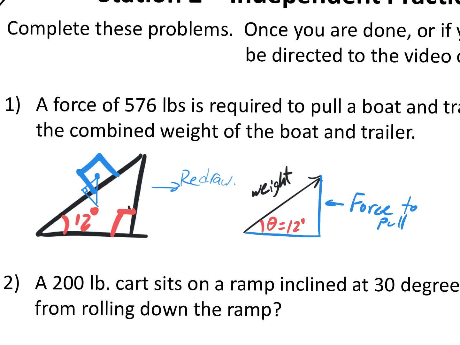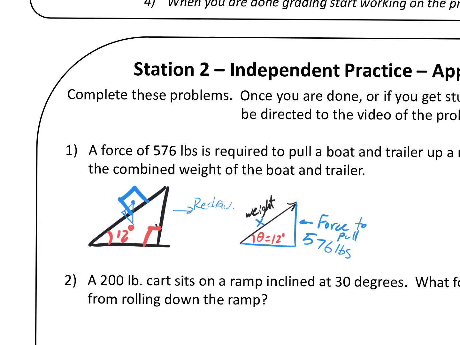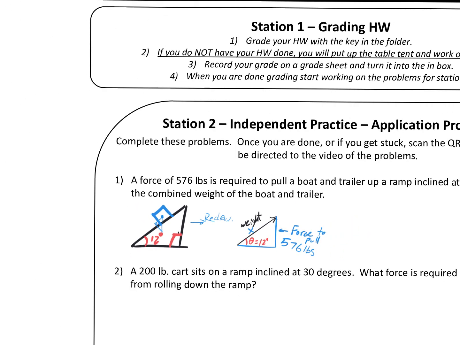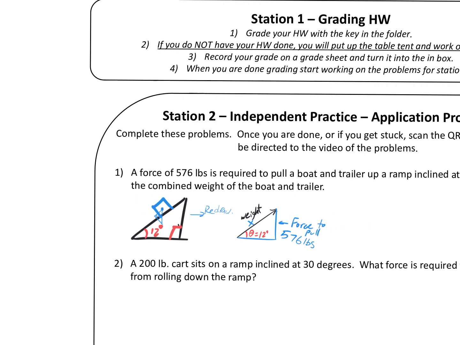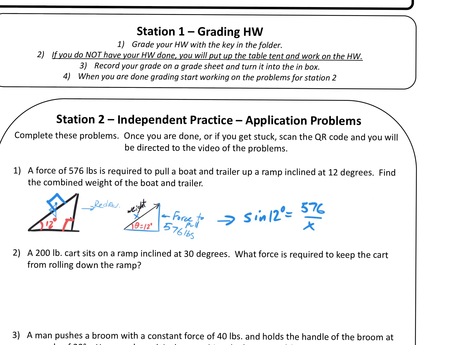So in this case, I know that my force is 576 pounds, and I'm going to solve for my weight. If we solve this, we will have sine of 12 degrees equals 576 over x, where x is the weight of the objects combined.